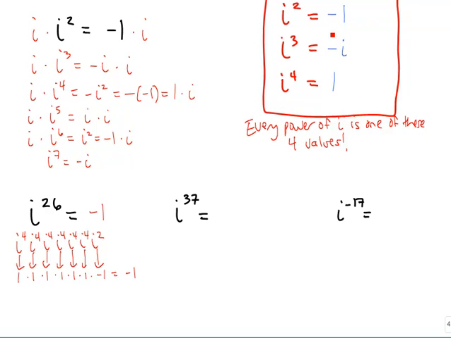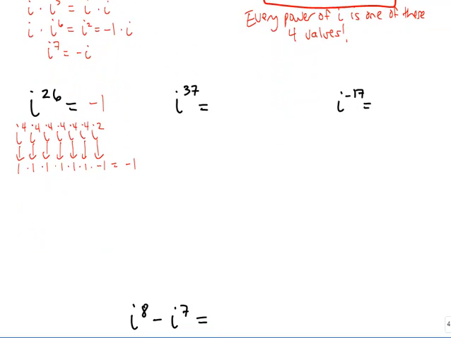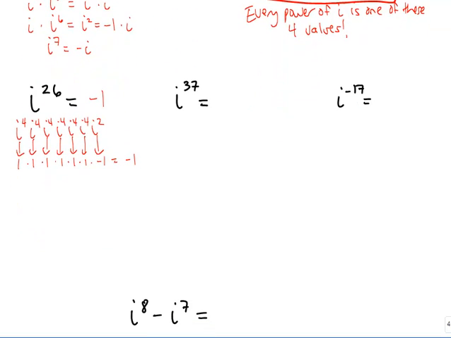So that's the long way, to break up your power into powers of 4, and then you have a leftover power or your remainder power. The shortcut is to just do some division. Since our cycle is of length 4, we can take the power that we're given initially and divide it by that cycle of length 4. 4 goes into 26 6 times. 4 times 6 is 24, and the remainder that I'm going to get is the one that's important.